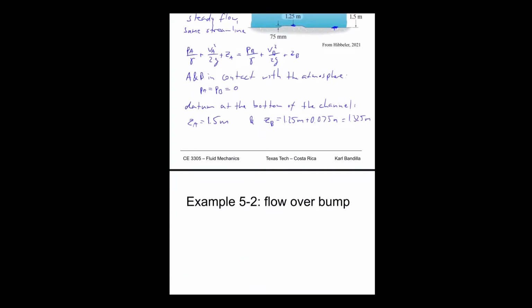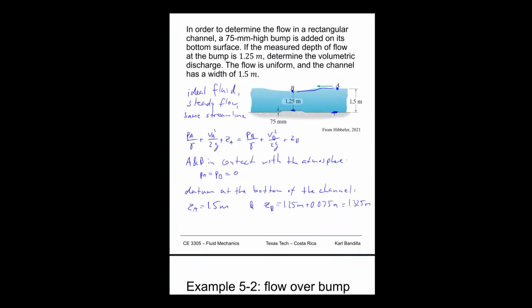We'll have 0 plus VA squared over 2g plus ZA is equal to 0 plus VB squared over 2g plus ZB. So now we have one equation and two unknowns, which is a little tricky. What else can we figure out?